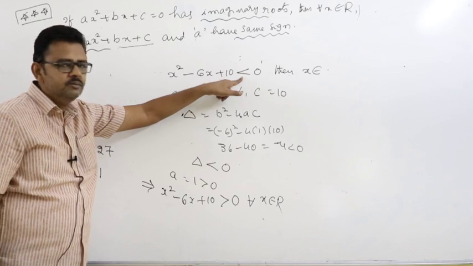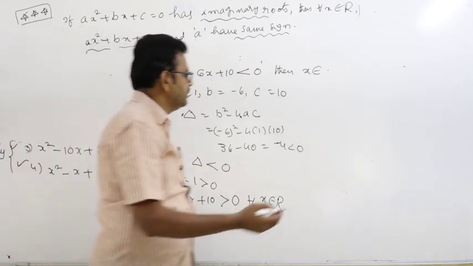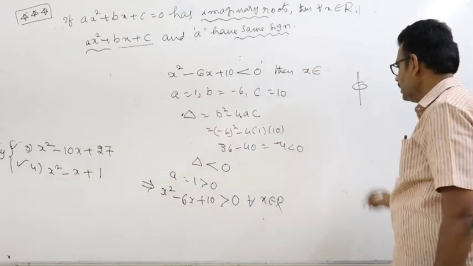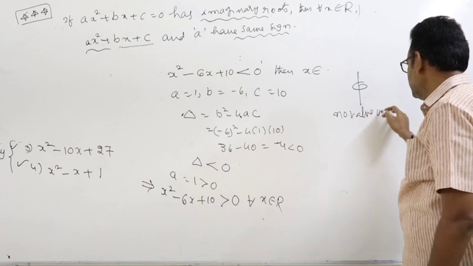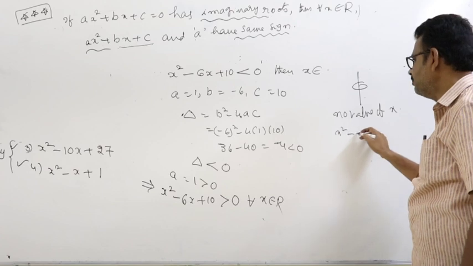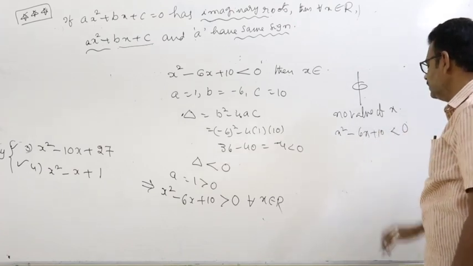When is it negative? For no value of x. So x belongs to the null set, that is no value of x makes x square minus 6x plus 10 less than 0.